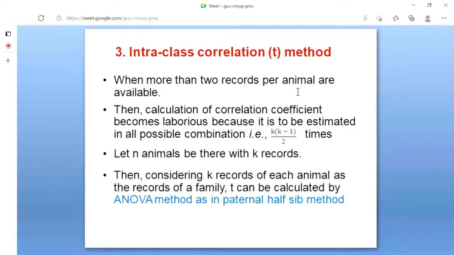If you have only two records, X and Y, then you can directly do X and Y. If you have more than 2, then you have to do all the possible combinations if you want to use the correlation coefficient method. So that is very laborious. In those cases, you have to use the ANOVA method, as in the paternal half-sib method we used earlier in heritability. The same method you have to use.